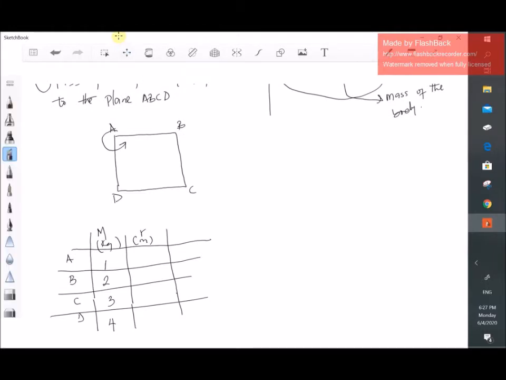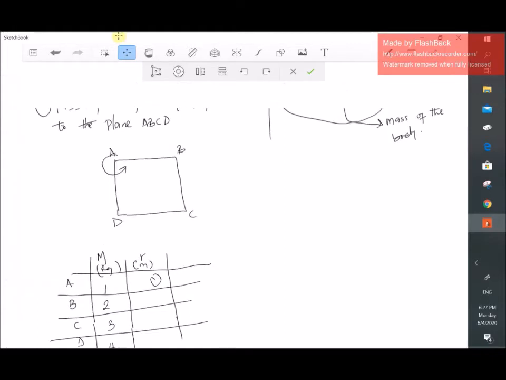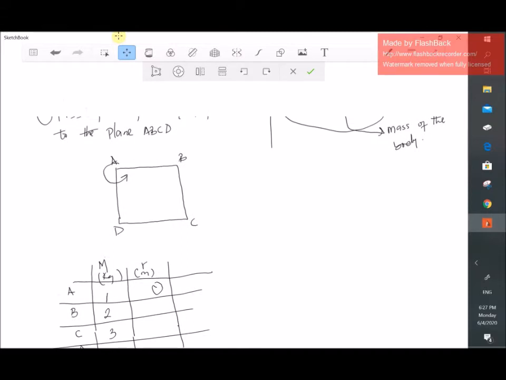Now the radius at point A is 0 because the axis of rotation is at A. At point B, as you can see from the diagram, the distance from B to A is 1, because each side is 1 meter.